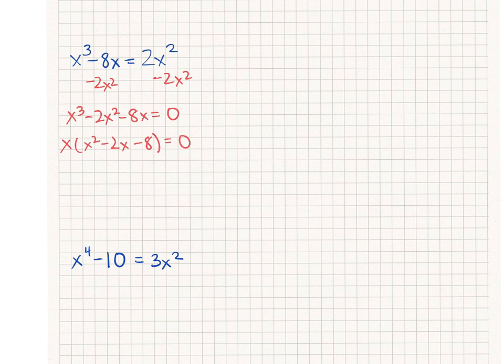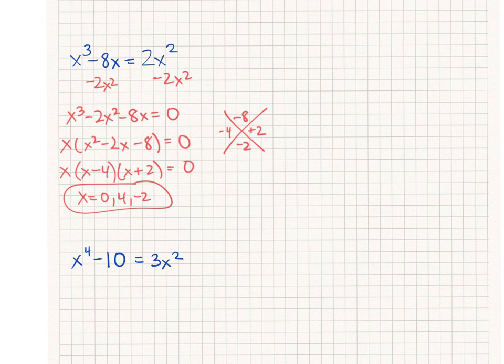And then check to see if this factors. I don't think it does. Here it does, minus 4 plus 2, yeah. It does, so this becomes x minus 4 and x plus 2. So this is x equals 0, 4, and negative 2.